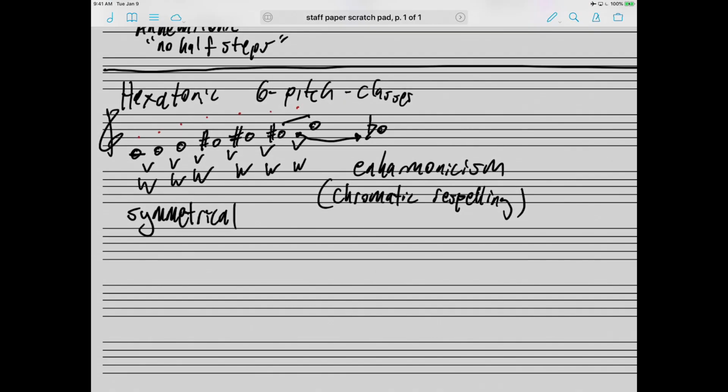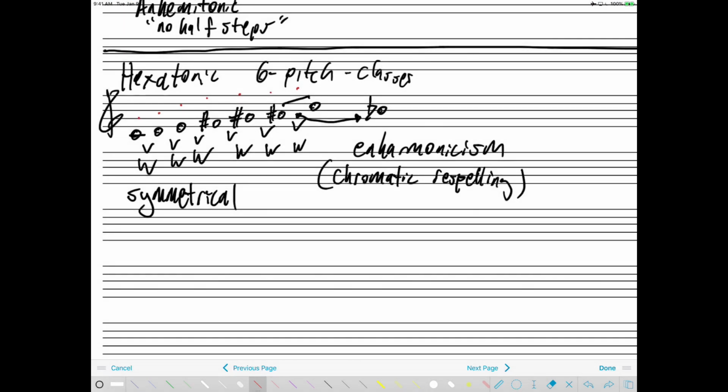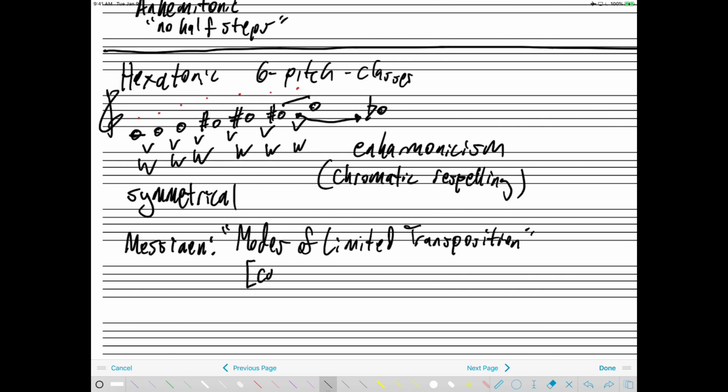So because of this, there's a composer, Olivier Messiaen. Messiaen will sometimes call these types of scales, he refers to them as modes of limited transposition. And really what he's referring to here is modes of limited transposition compared to quote-unquote normal.